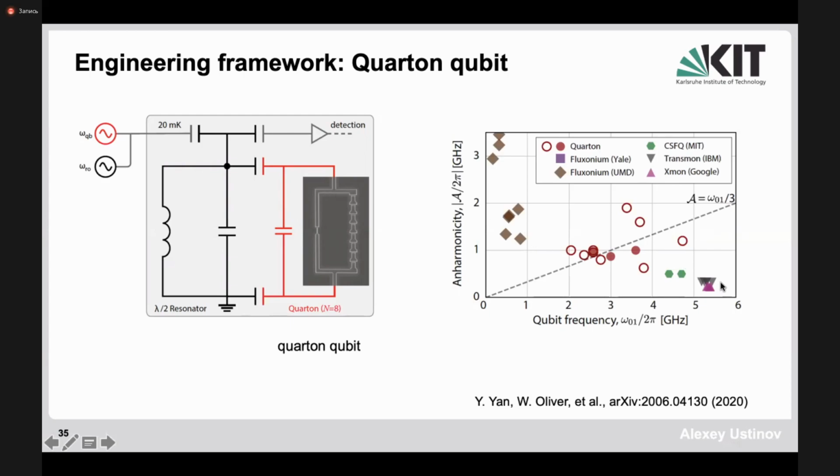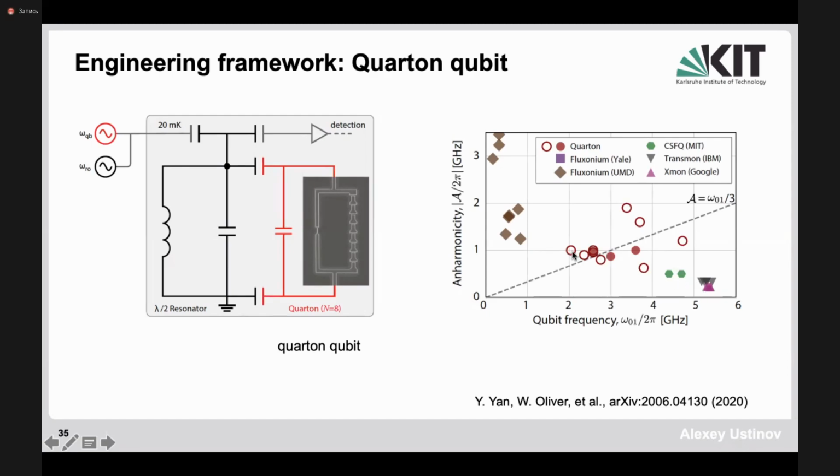On this plot, you see the parameter plane of qubit frequency and harmonicity versus qubit frequency for different devices. Typically, Fluxonium devices are all here, so the qubit frequency is quite low and harmonicity is quite high. But transmons are all down here. Transmons from IBM and from Google are all in here.